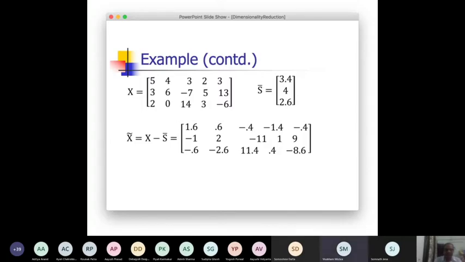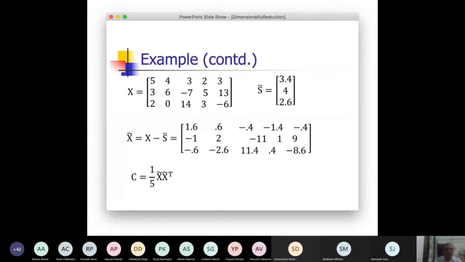What is a covariance matrix? You can talk in terms of X tilde, that is the centered data. So X tilde times X tilde transpose, and also you have to take the average.